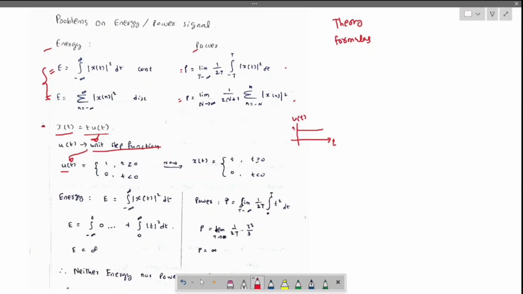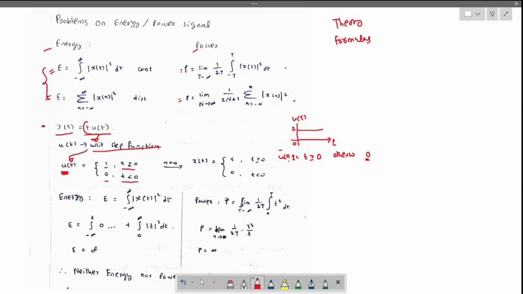When t is greater than or equal to 0, u of t will be 1, otherwise 0. Written as a function, the unit step is 1 when t is greater than or equal to 0, and 0 when t is less than 0.